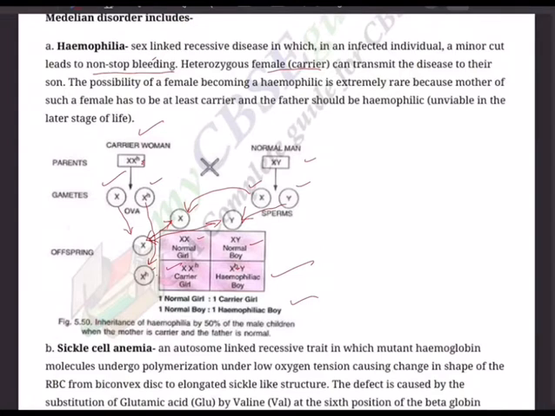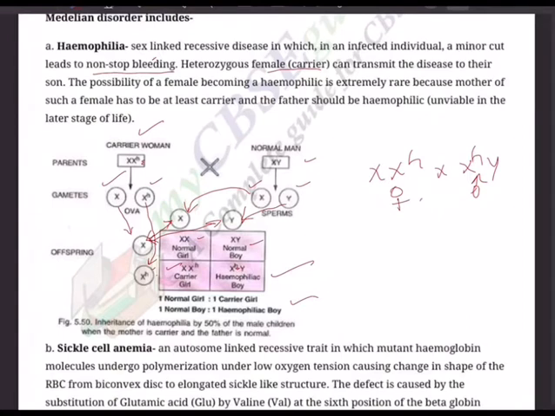Whereas you may ask me whether a girl can become hemophilic. Yes, there is a very rare chance. For that, what is required? The mother should be a carrier, and the father should be a hemophilic person, XH, Y. So this is the father's and this is the mother's.